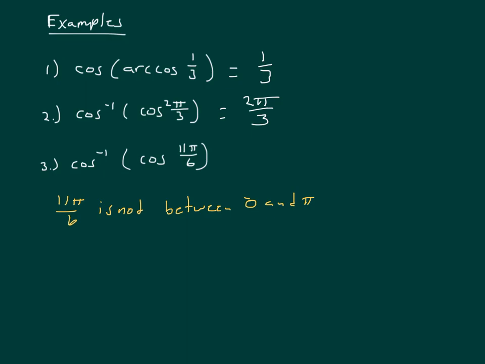I know the cosine of 11 pi over 6 is square root 3 over 2. And so when I look for an angle between 0 and pi that has a cosine value of square root 3 over 2, the answer comes out to be pi over 6. So that would be our final answer. That's what you should have had for number 3.